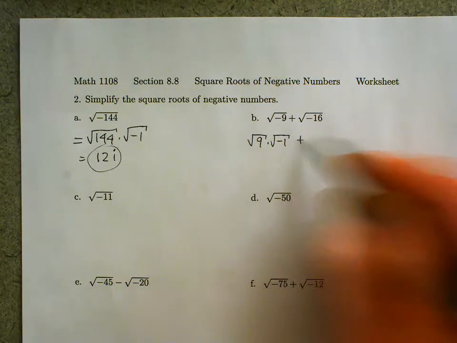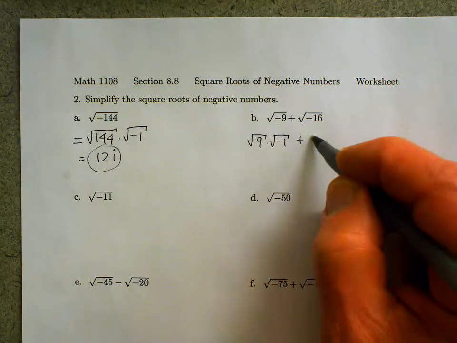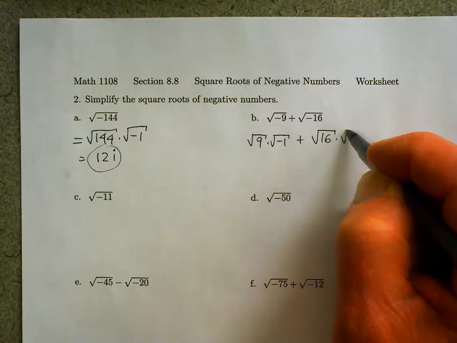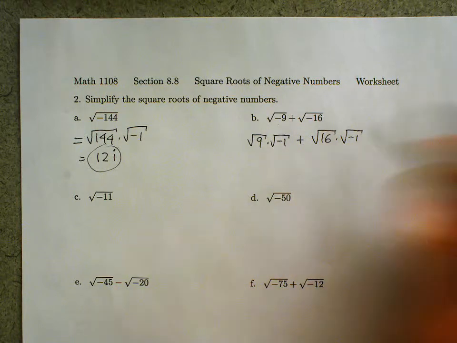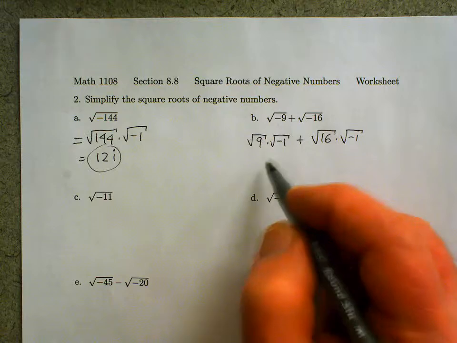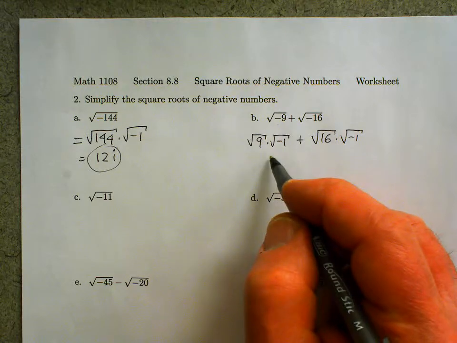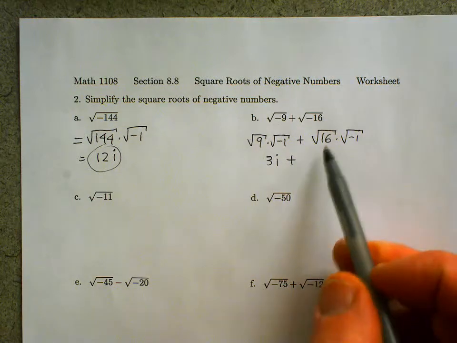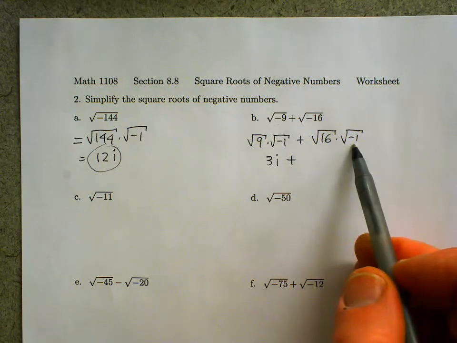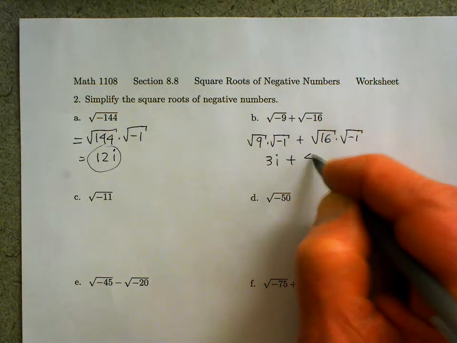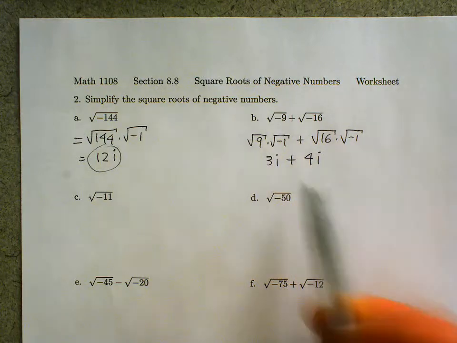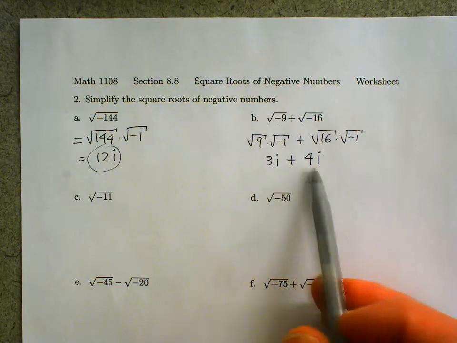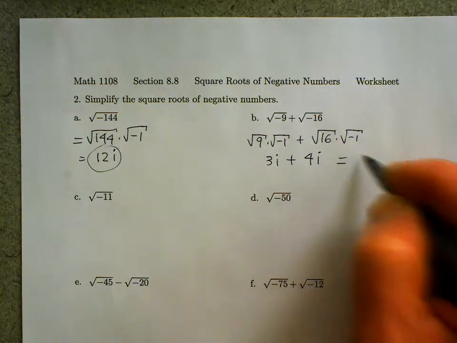We're adding that to the square root of negative 16, which is the square root of 16 times the square root of negative 1. And the square root of 9 times the square root of negative 1 is 3 times i. And the square root of 16 times the square root of negative 1 is 4i. So these are like terms. 3i plus 4i is 7i.